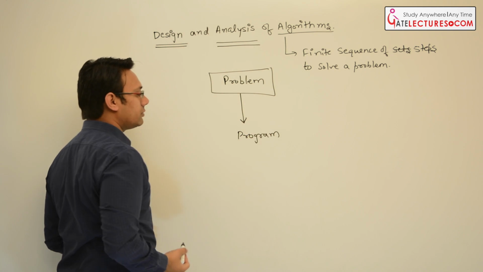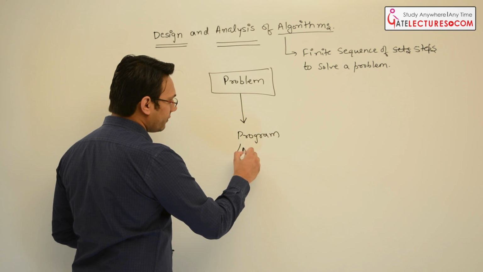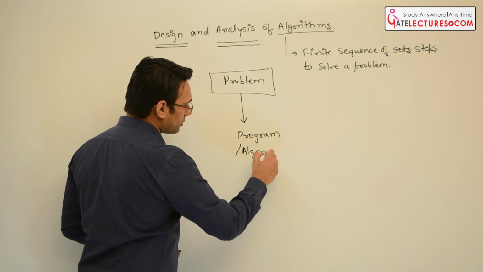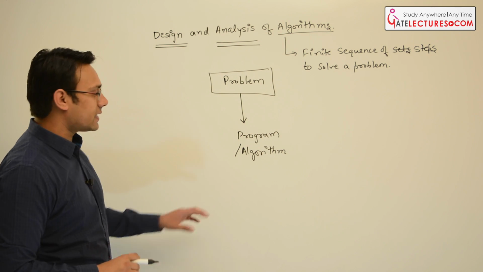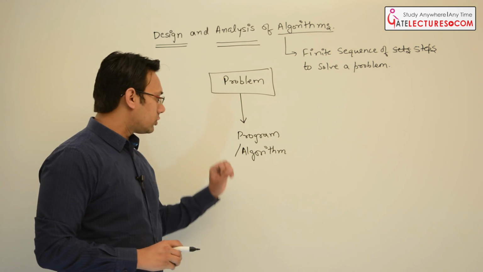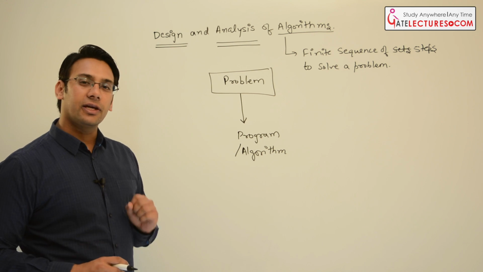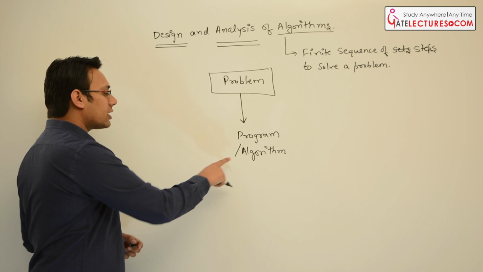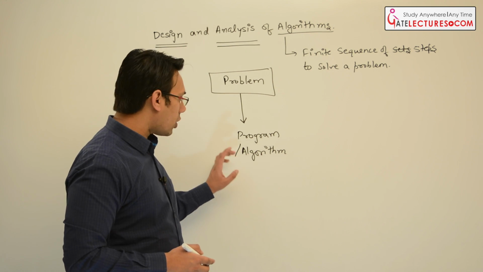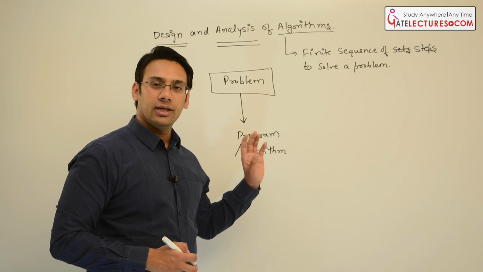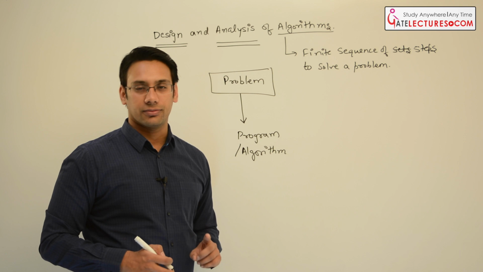To solve this problem, you can write a program, or you can give an algorithm which tells you the finite steps you should take to solve this problem. But it does not necessarily mean that when you are writing a program or designing an algorithm you will have only one program or only one algorithm.